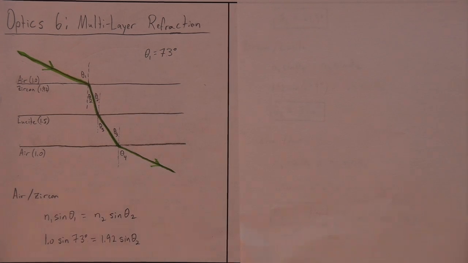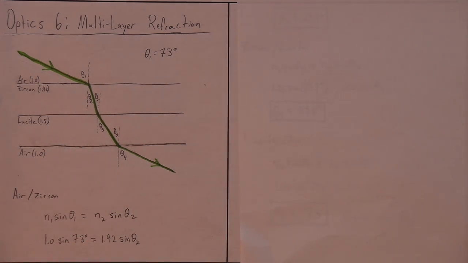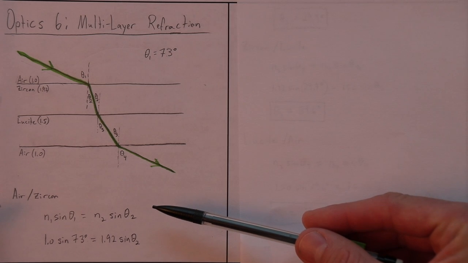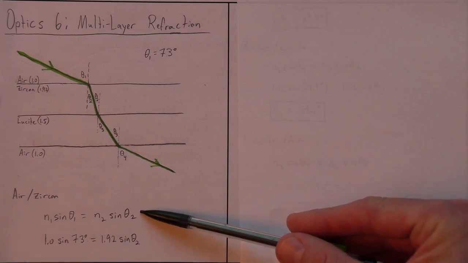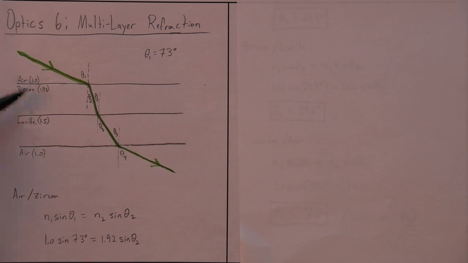But you might also have to calculate all these angles. And this is how we would do it. Theta 1 is 73 degrees. What is theta 2 right here? We would just start with Snell's law. n1 sine theta 1 equals n2 sine theta 2. In material 1, we have an index of 1, that's the air, and an angle here of 73 degrees.